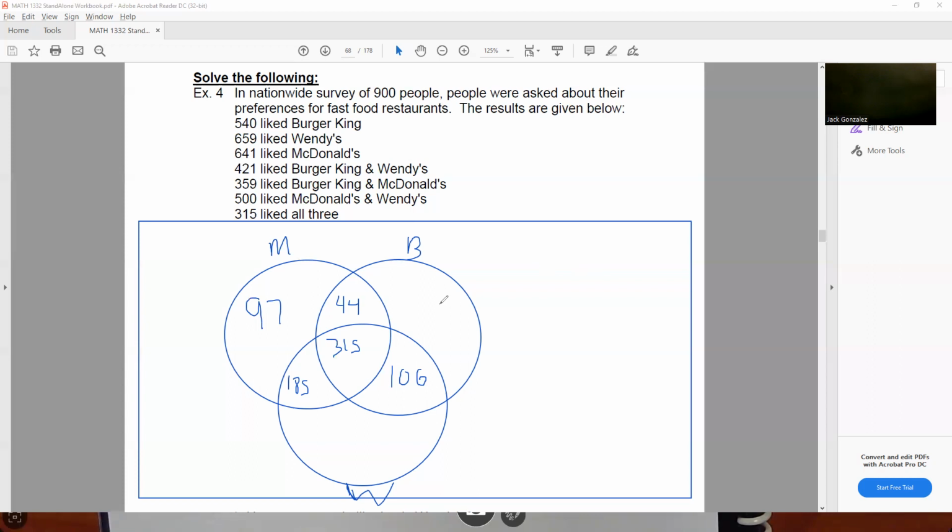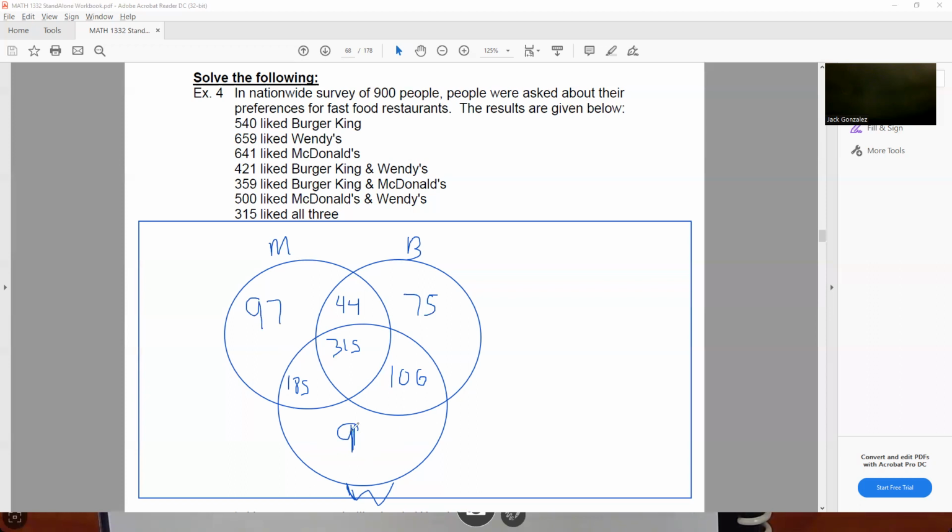Burger King is 540. So subtract all these pieces to get this inner piece. 75? Nice. So Wendy's 659, subtract these three pieces. Nine. Nice.